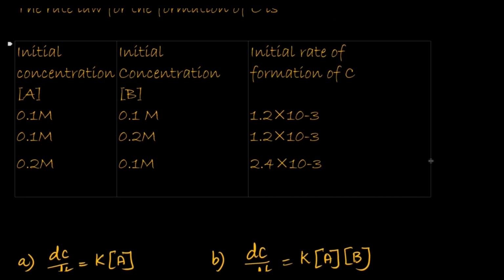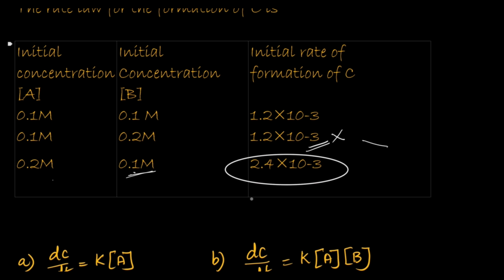What you can observe from the given data is that if I keep B constant and double A, it affects the rate of formation of C, right? But if I keep A constant and double B, it does not affect the rate of formation of C.